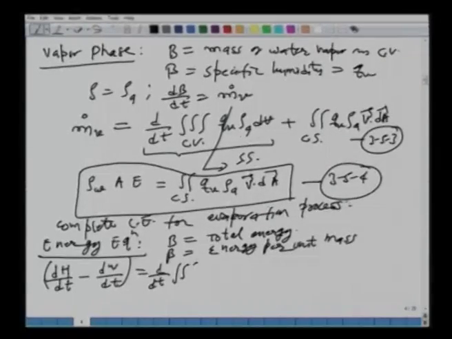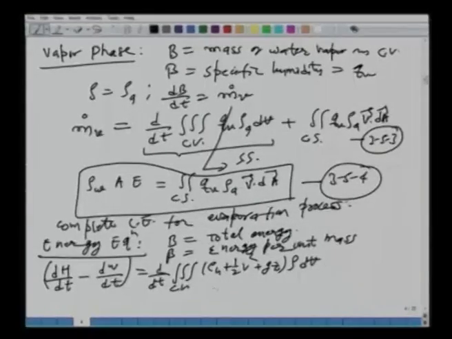d over dt. First term, the same thing, is your accumulation term, or the rate of change of the amount of extensive property. So, it is beta, where beta is EU plus half of V squared plus GZ. That was the beta, and then you have the rho and dV.